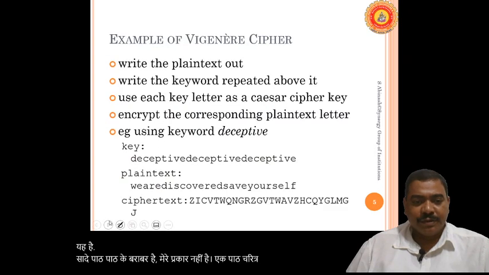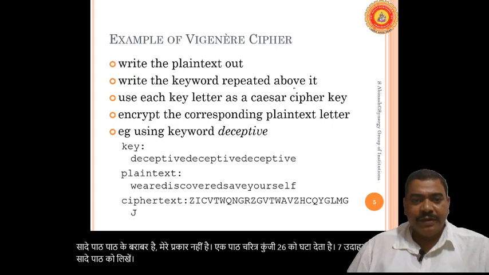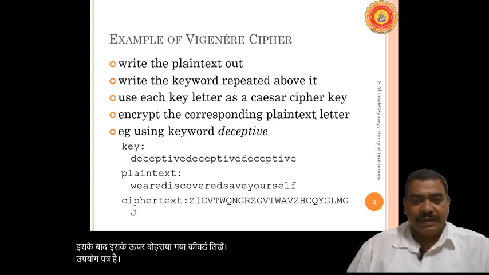Let's see one example. Write the plaintext out, then write the keyword repeated above it. Use each key letter as a Caesar cipher key. Encrypt the corresponding plaintext letter using the keyword deceptive.